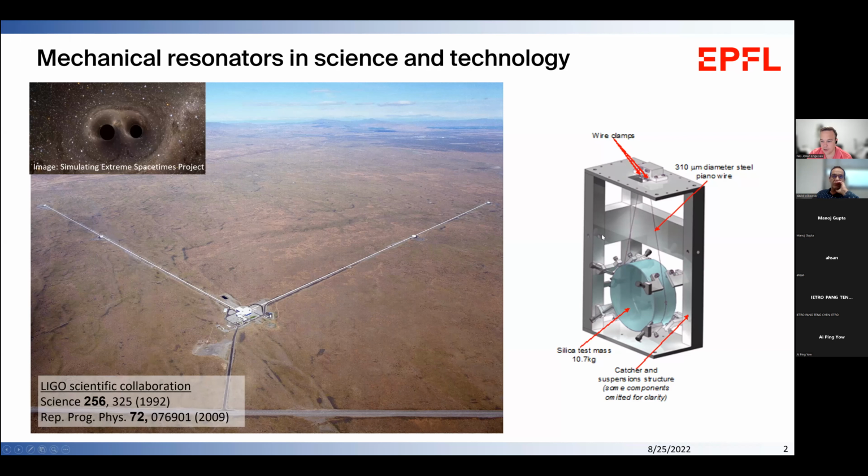They have this mirror suspension that I'm showing here on the right. The mirror suspension actually displays this effect that we use in nanomechanics to make high Q, which is called dissipation dilution. Basically, the stress from this large mirror increases the quality factor of the vibrational modes of the piano wire.